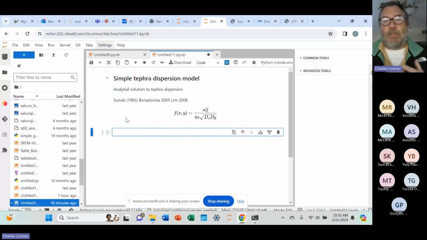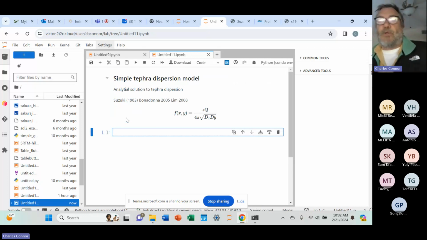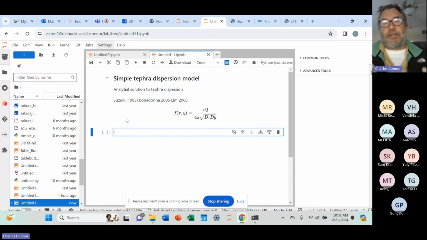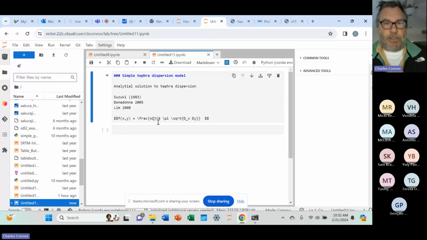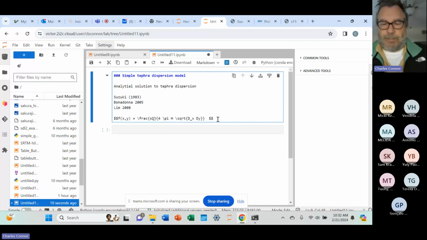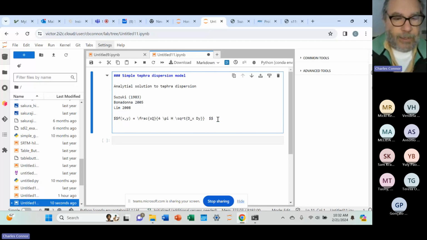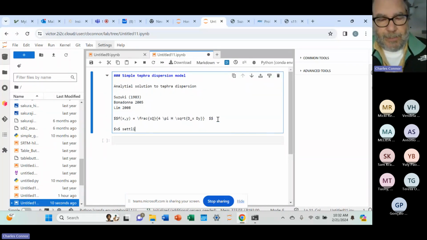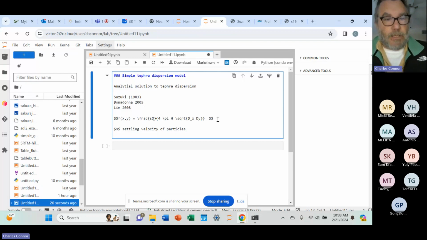Okay, so there's sort of the first part of the equation, which is governing essentially the amplitude of this term. And I forgot h, I see. Okay, so h is in the denominator as well, 4 pi h. Okay, and so let's define the variables before we get too out of hand here. So s is the settling velocity of particles, tephra particles, pyroclasts if you want.